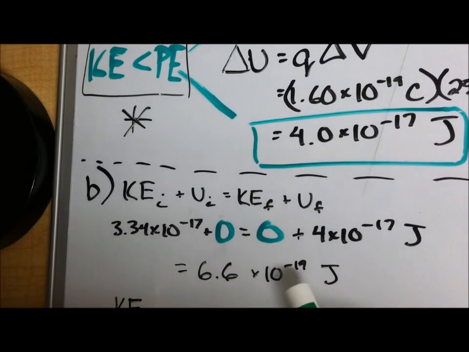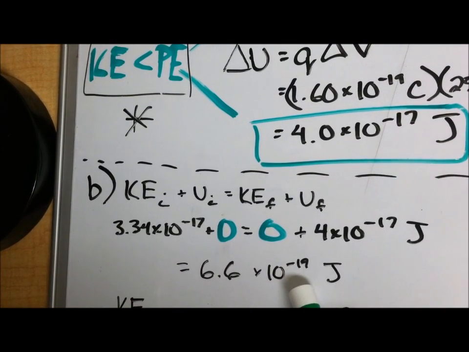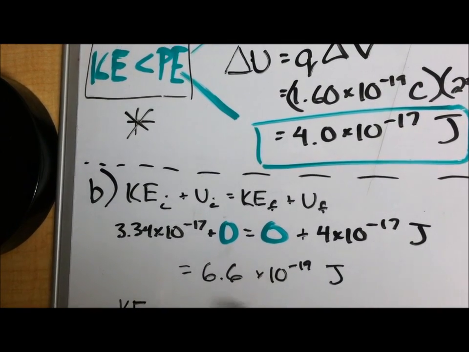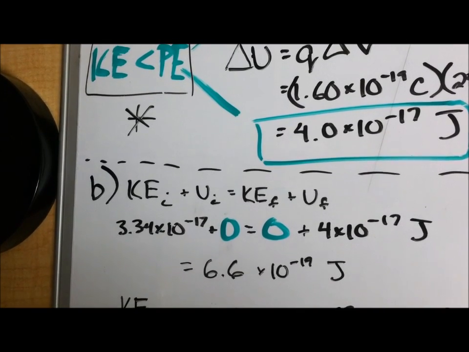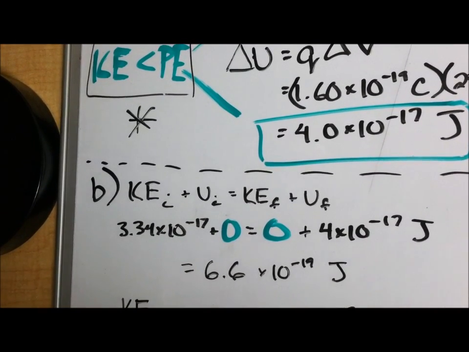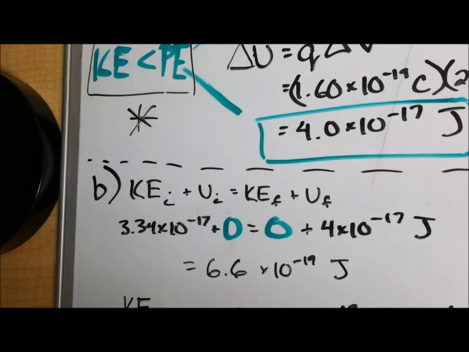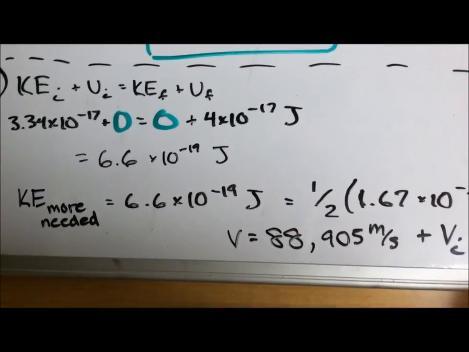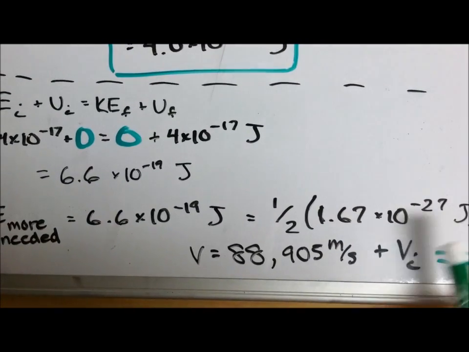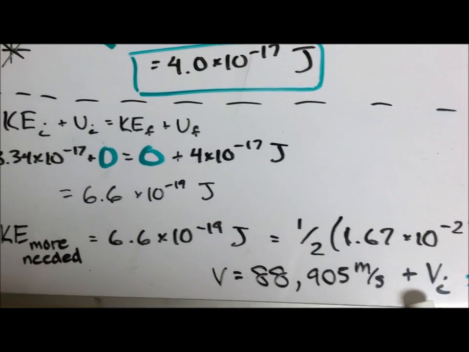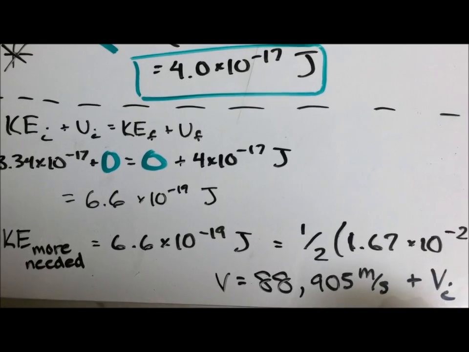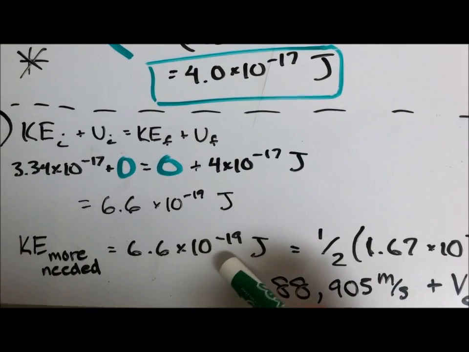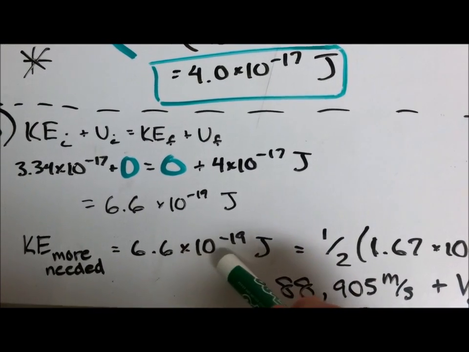So in order to determine the final velocity as it reaches the plate, we know that this is how much more kinetic energy it's going to need, and we can set that equal to 1/2 mv squared to solve for a velocity. Now this velocity will ultimately need to be added to the initial velocity to get the full speed, but this is how much more energy is needed because it's a law of conservation of energy problem.